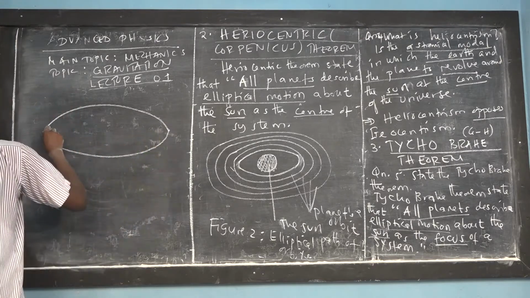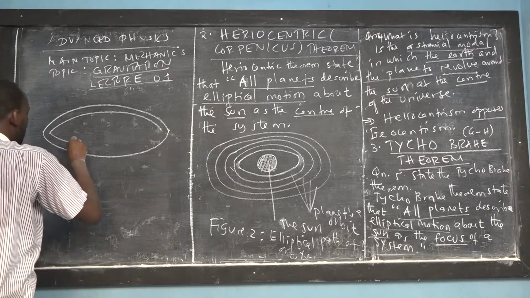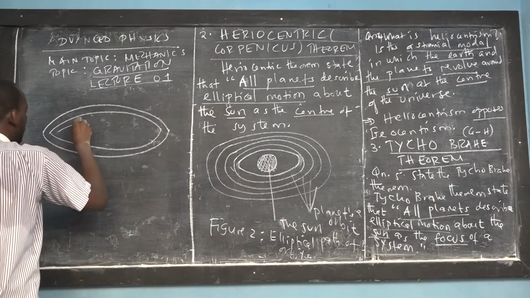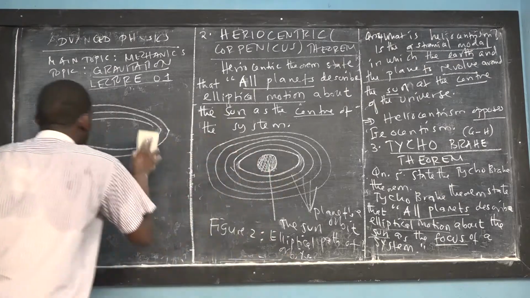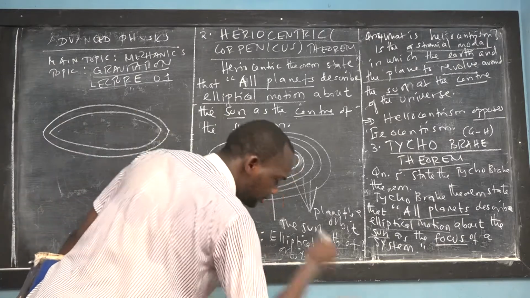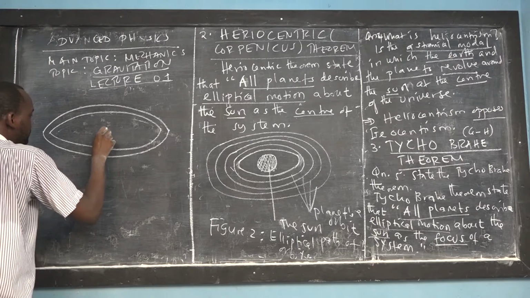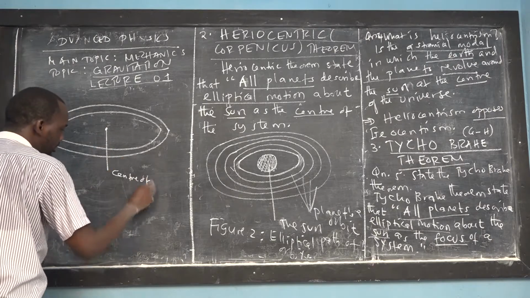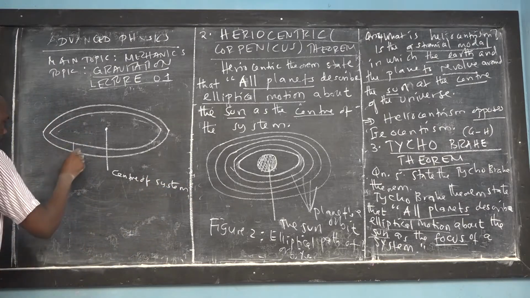Then again you have another orbit, another orbit. I think these two are enough to describe the concept. You can add more orbits. So suppose that this is the center of the system. And these are the planets' orbits.